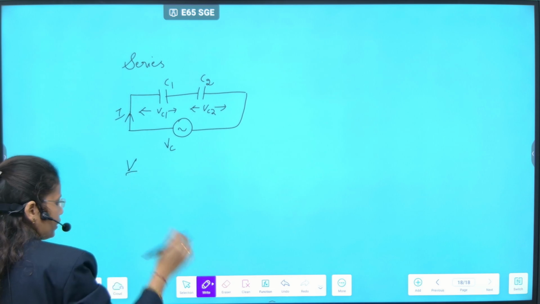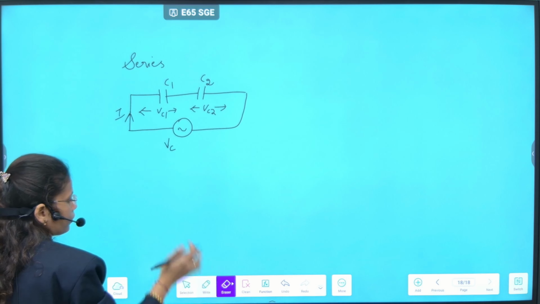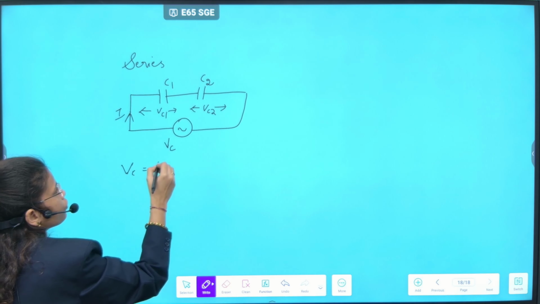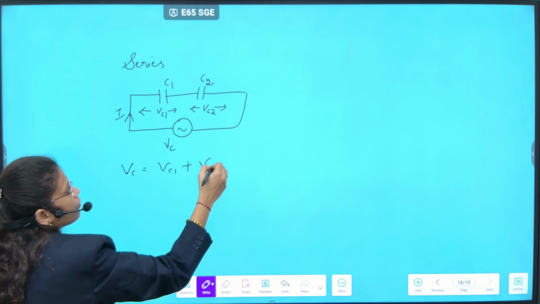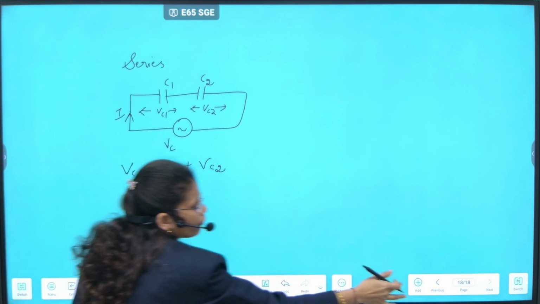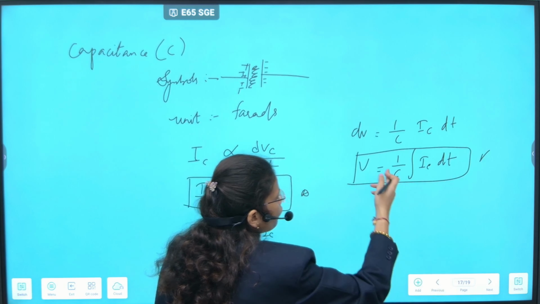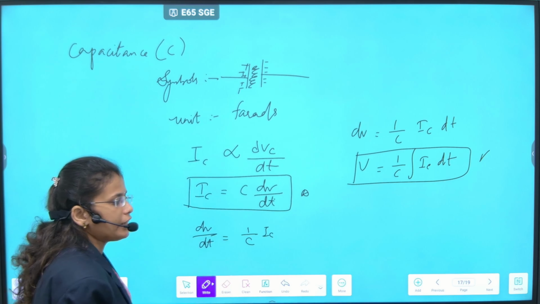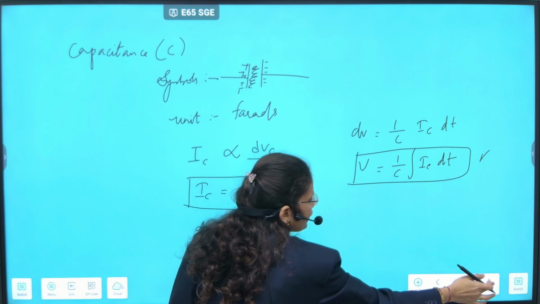Now Vc is equal to Vc1 plus Vc2, where the voltage formula for a capacitor is 1 by C integration of IC dt.